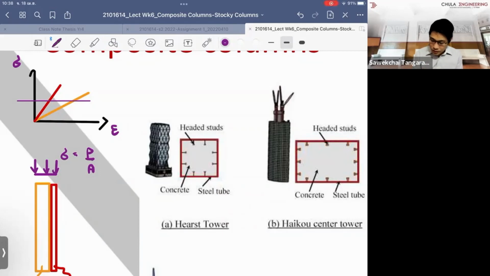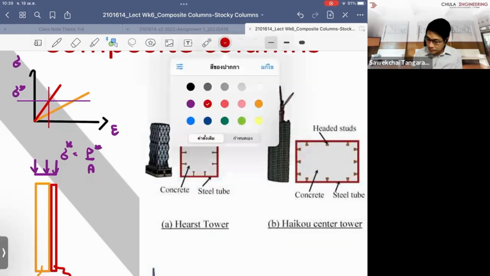But because of this type of materials, when they have to resist the stress, they come with a different value of the strain, the Young modulus.